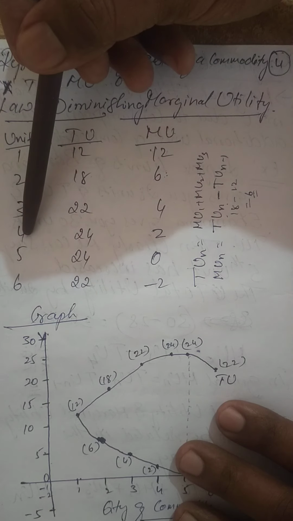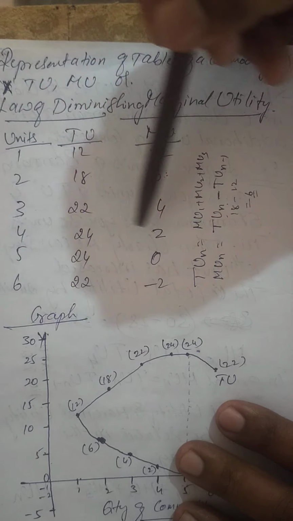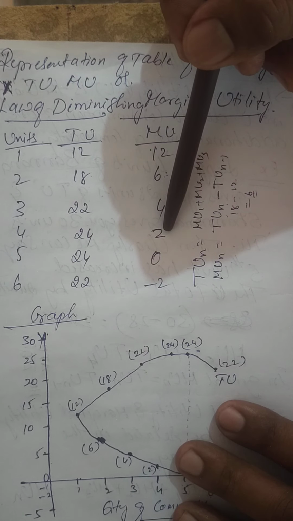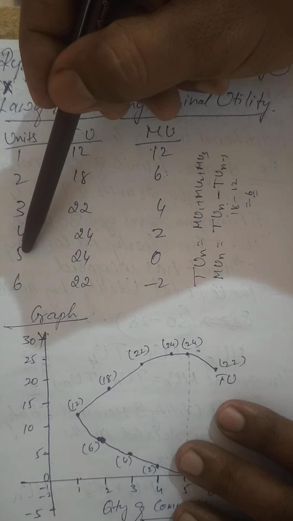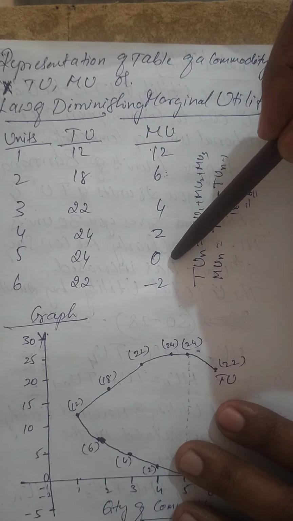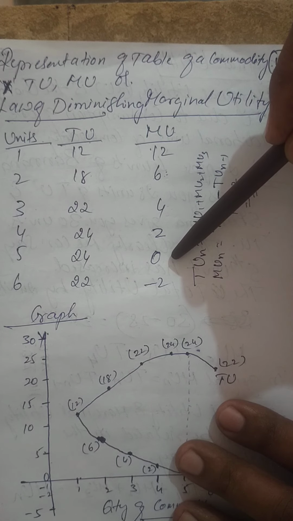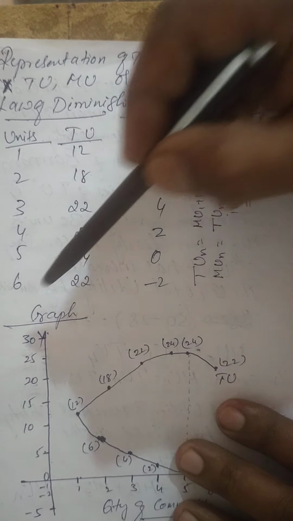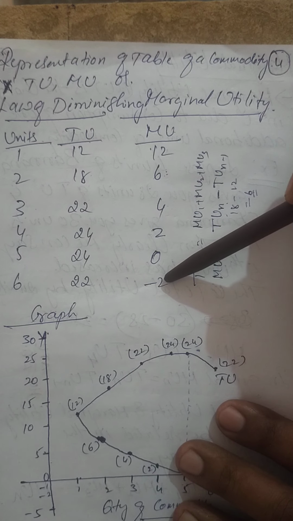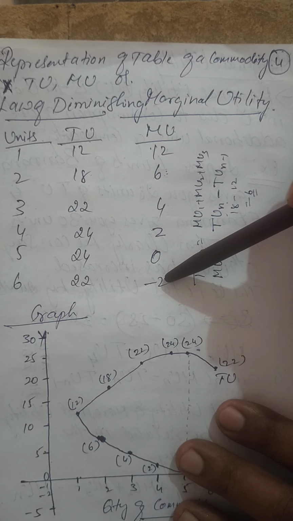When I consume the fourth unit of apple, it goes to 2. When it is increased by the 5th unit of consumption, again it goes to 0. When I consume the 6th unit of product, that will decrease my level to minus.